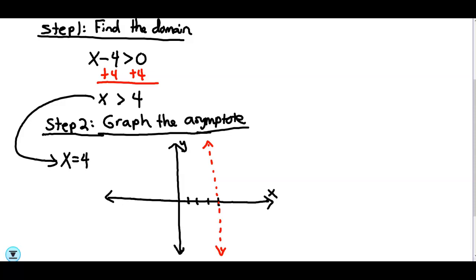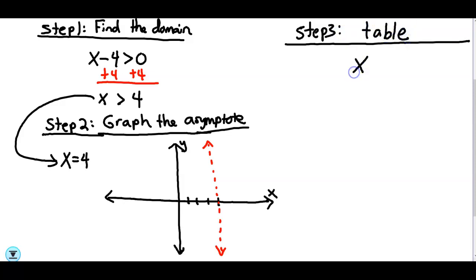All right. Step 3. This is the one that takes some work. We're going to make a table of values. All I really need to get a decent graph is about 2 points. So we want to pick any number that's bigger than 4. So I'm going to make a note of that.